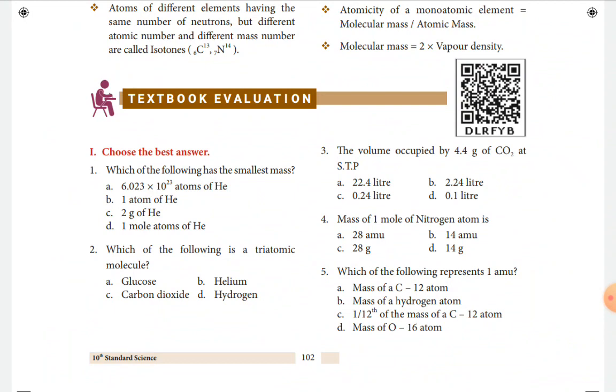Triatomic molecule means 3 atoms in one molecule. Carbon dioxide has one carbon atom and 2 oxygen atoms, so totally 3 atoms. So that is a triatomic molecule.